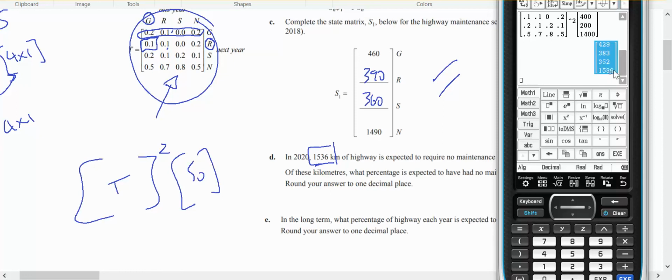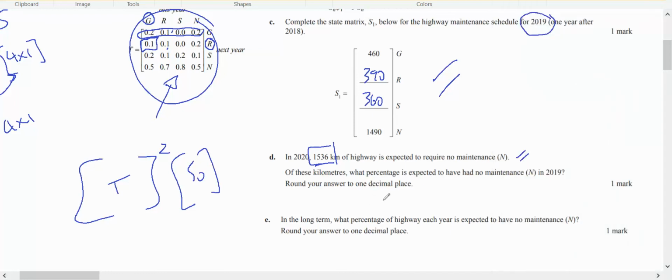I agree, 1536 is the amount that will have no maintenance. So 1536 had no maintenance in 2020. 1490 had no maintenance in 2019.